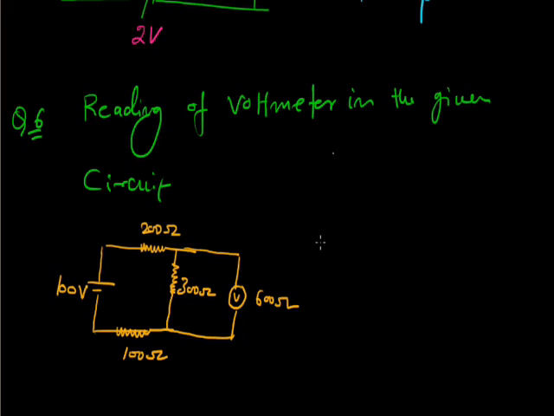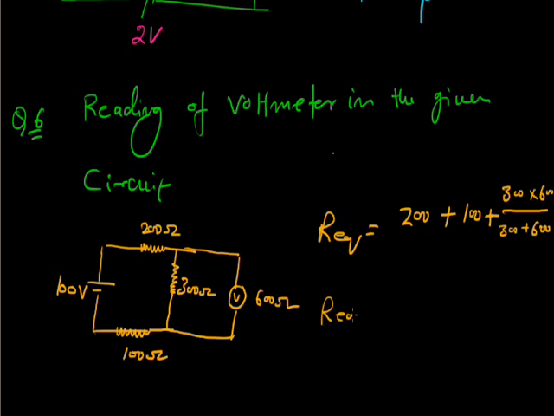The equivalent resistance of the circuit, R equivalent, is 200 plus 100 plus equivalent of the parallel resistance 300 and 600. It can be written as 300 into 600 upon 300 plus 600, because it is equal to R1 R2 upon R1 plus R2.